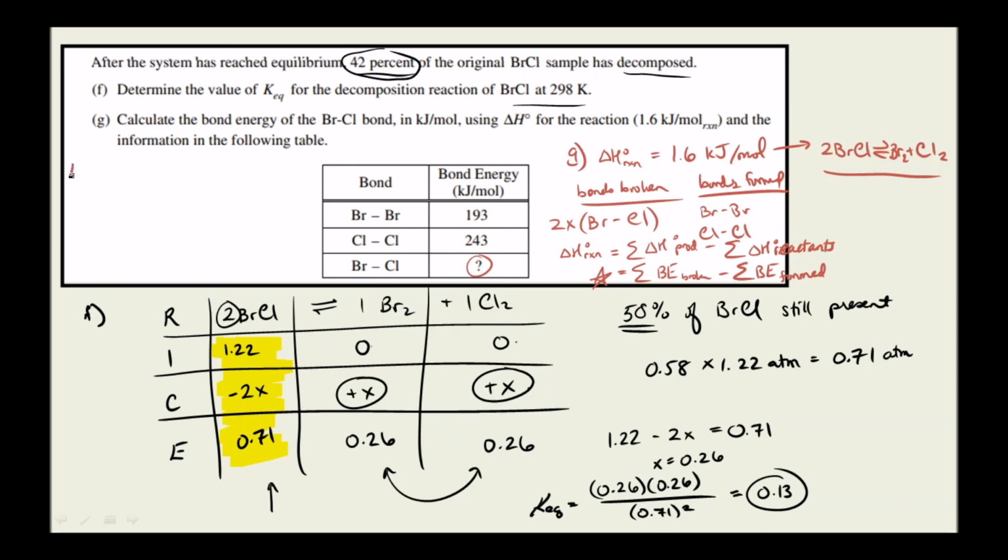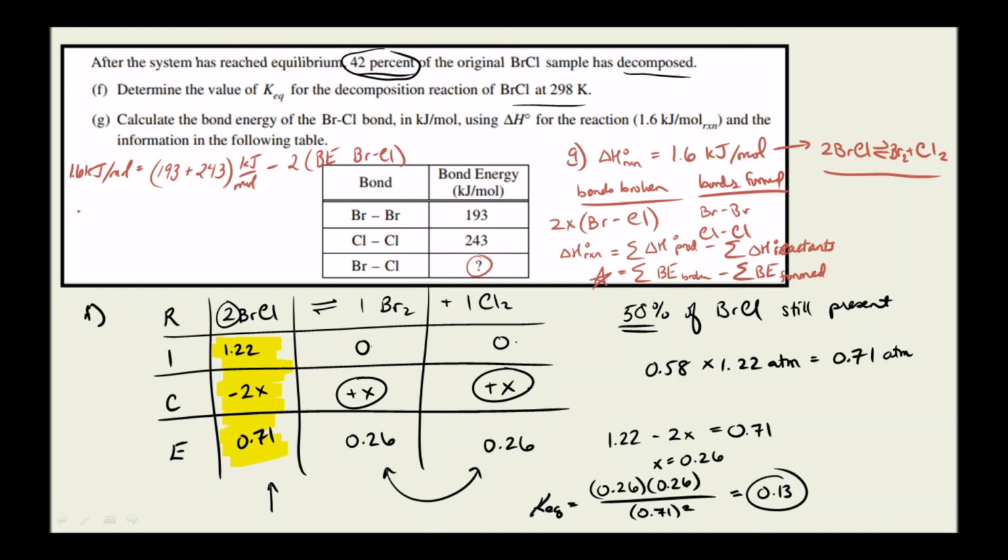So let's go on this side. The delta H of reaction is 1.6 kilojoules per mole, and that's equal to the sum of the delta H of the products. So the products have bond energies of 193 and 243 kilojoules per mole, and we're subtracting the bond energy of two BrCl bonds.